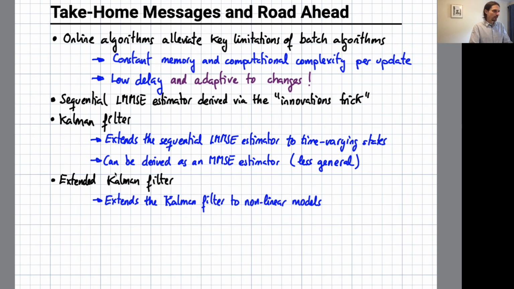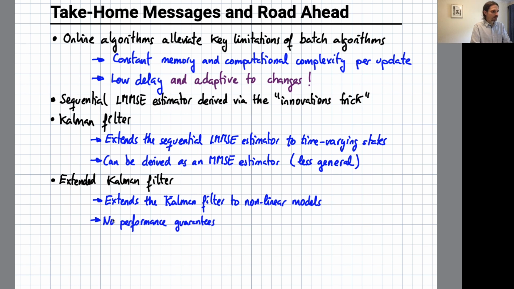And to accommodate the situation where the state transition model is nonlinear or the observation model is nonlinear, we looked at the so-called extended Kalman filter.